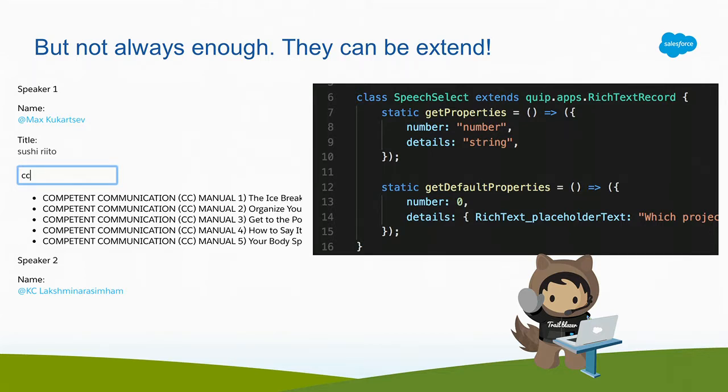We also need to track if it's speaker 1 or speaker 2, because they probably are talking about different things. So our data store had to be slightly different. It had to have a number as well as a string. And the way you specify that is you just extend the rich text record. Very simple.